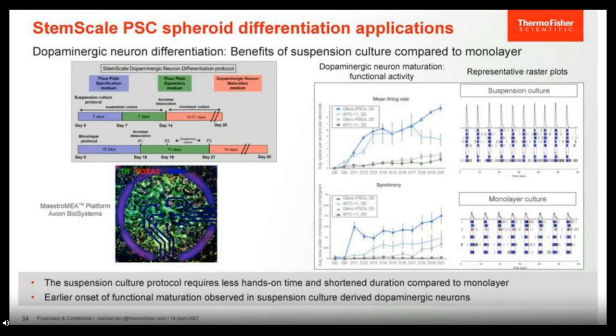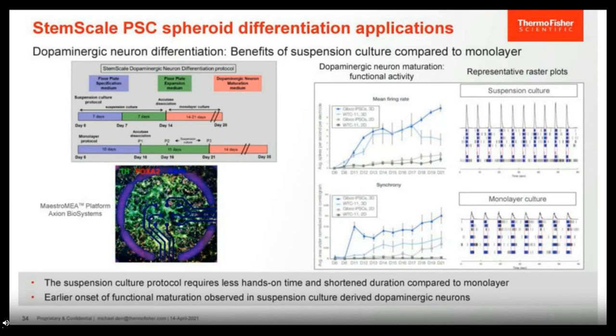So continuing with the dopaminergic neuron differentiation kits, here I am comparing the monolayer to suspension culture. And just looking at the protocol schematic at the top, you can see that, again, the suspension culture protocol requires significantly fewer days.